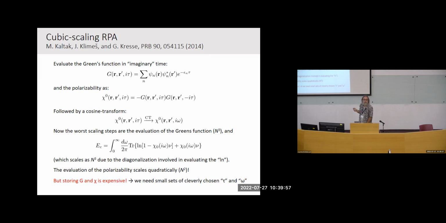So storage of this is expensive, and that scales quadratically with system size, r and r prime. And the polarizability, as I mentioned before, can be evaluated as a product of Green's functions. And we see here that it's a point-by-point product in r and r prime.